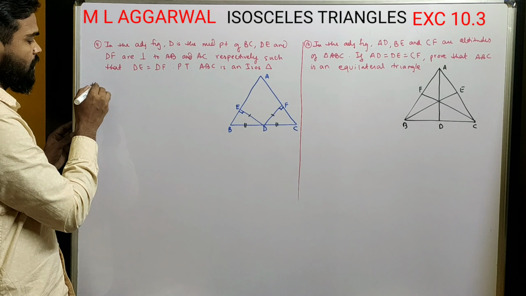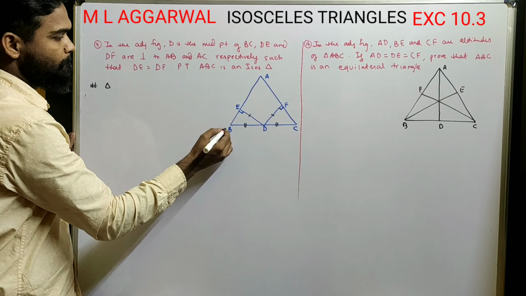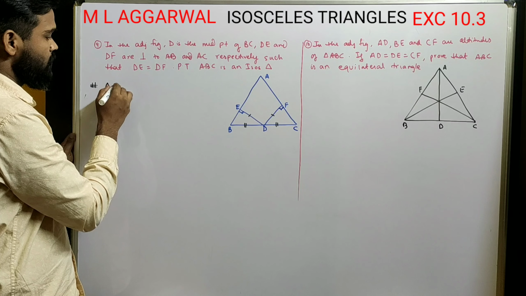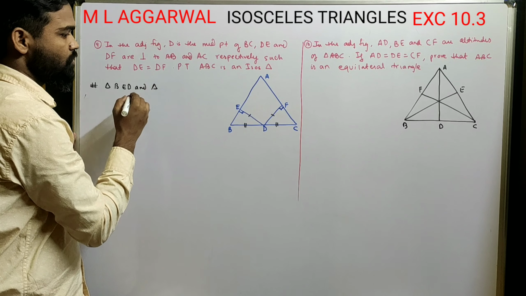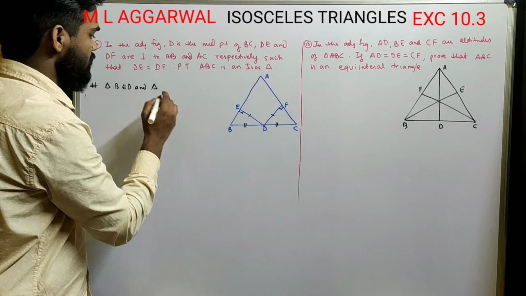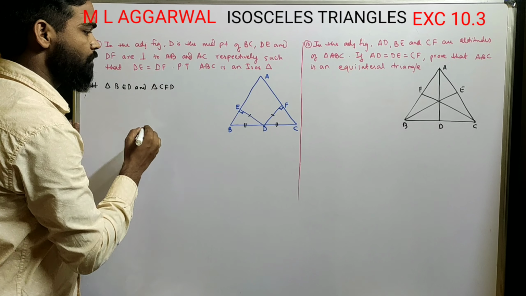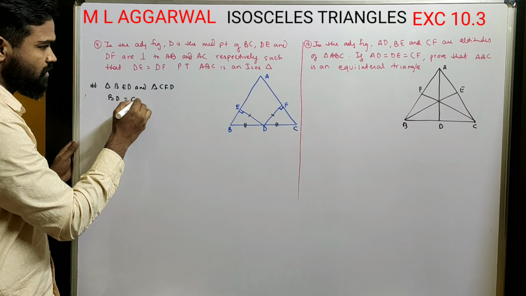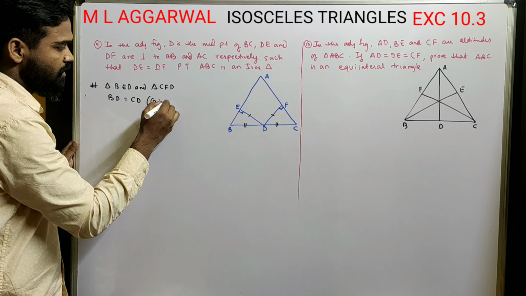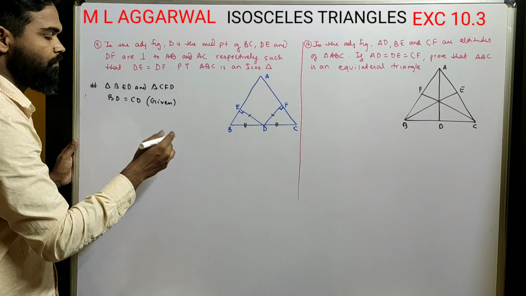Let us look at triangle BED and triangle CFD. Look carefully. BD is equal to CD, that is given to us, isn't it?